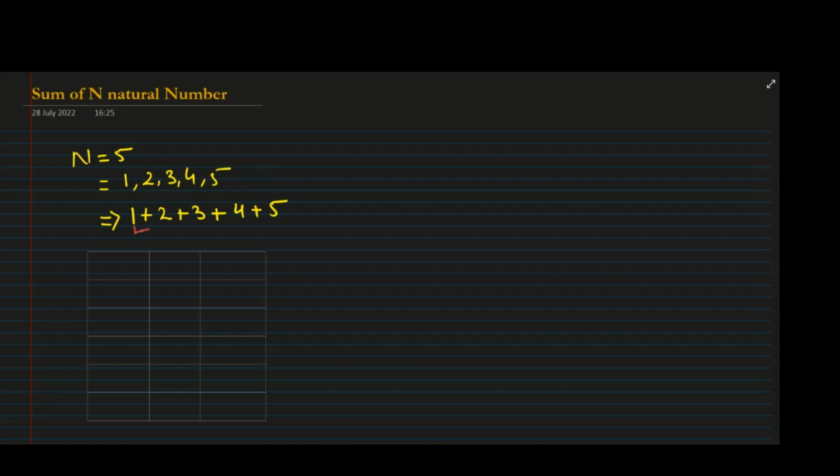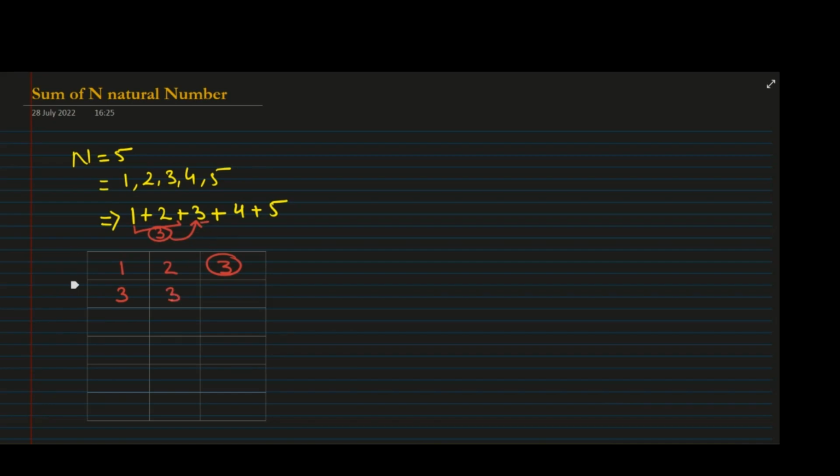Here we are adding the first two numbers, let's say 1 and 2. We are adding these two numbers and storing the result, so the result will be used to calculate the sum of the next number. Let's say this is the result of the first two numbers' addition. We will use this 3 to calculate the sum of the next number.